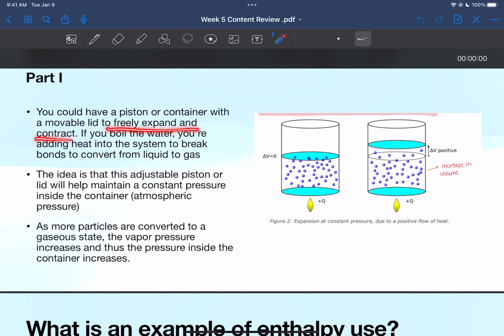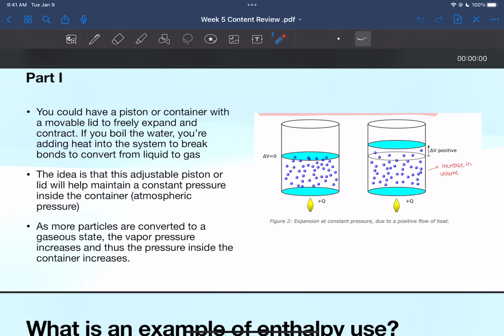If you boil the water inside, like we're doing, where we're keeping the heat controlled so we don't have any unuseful transfer of heat, you're adding heat into the system to break bonds that convert the water from liquid to gas. Well, the idea is that the adjustable piston, or the lid, will help maintain a constant pressure inside the container, which is that atmospheric pressure, 1 atmosphere. So having that lid there helps to maintain a constant pressure equal to the atmospheric pressure.